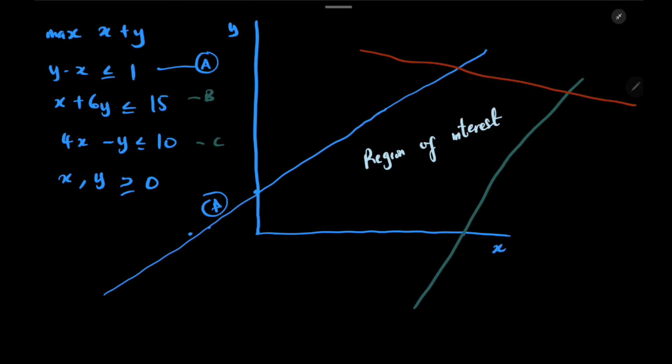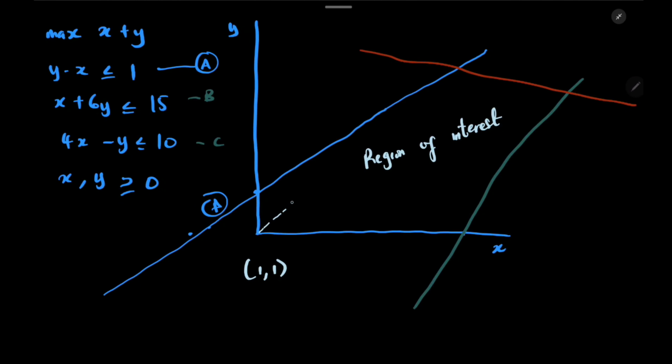We want to travel along the distance 1 by 1, and that's because the coefficient of x is 1 and the coefficient of y is 1. So we want to find at what point in this region of interest x plus y is maximized, which maximizes our objective function. Because each of these two variables, x and y, has a coefficient of 1, we can start from the point 1, 1.